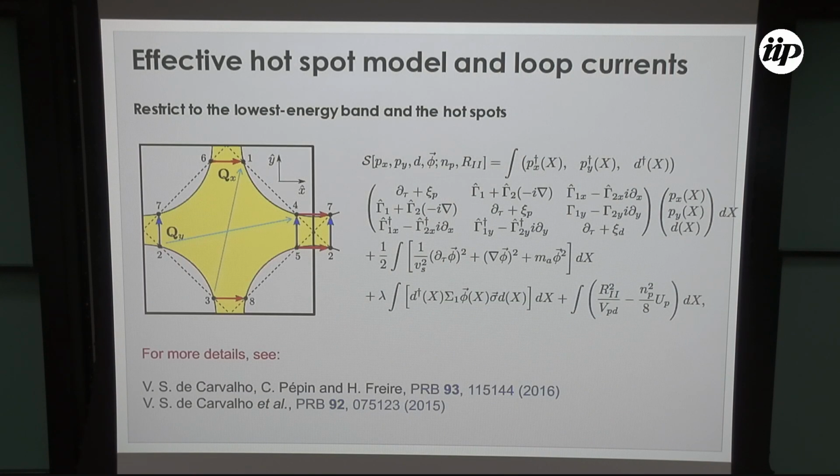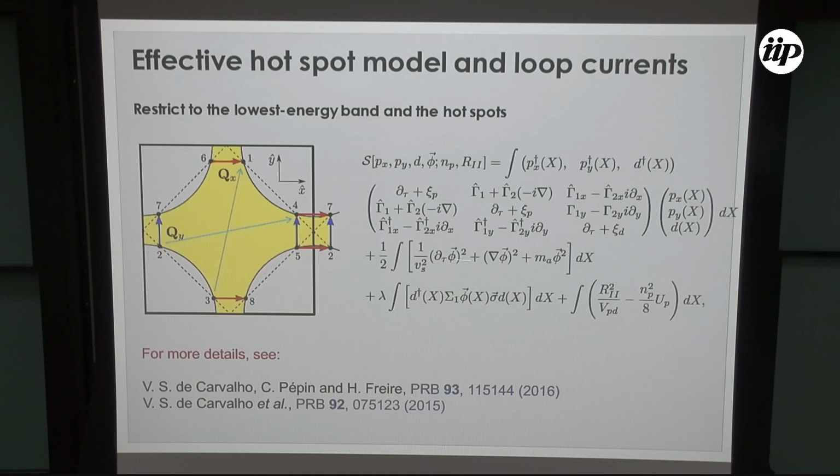Okay, so we were able to derive an effective theory. We restrict our model to the lowest energy band and also the hotspots of the theory. So we were able to derive a very complicated action for this model.